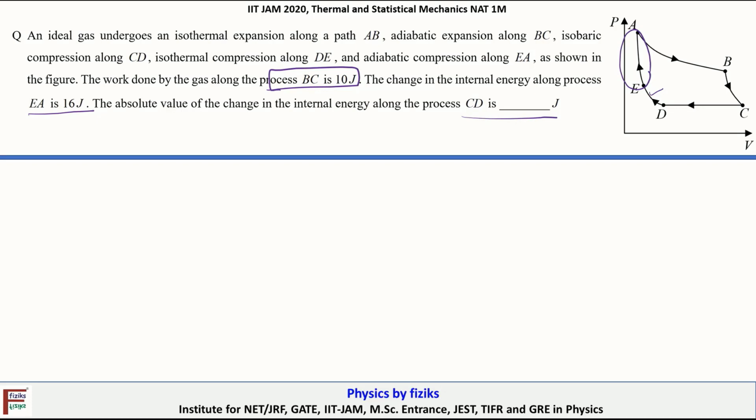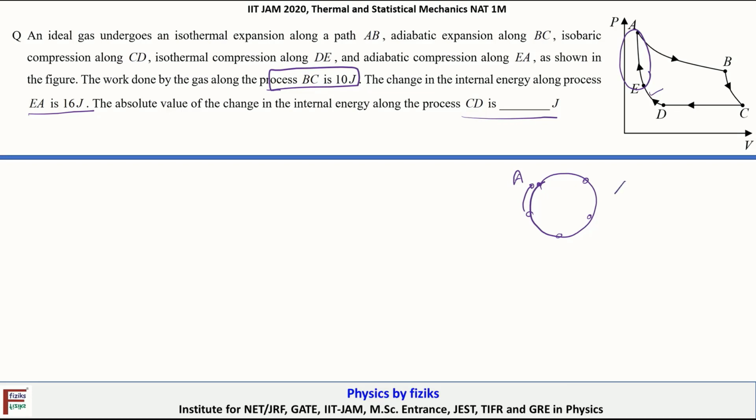This is a very simple question. The only point you have to remember is that for any kind of cyclic process, when you start from some initial equilibrium point, let's say point A, and perform various steps in between, and again arrive at the same starting point, the initial and final equilibrium states are identical.